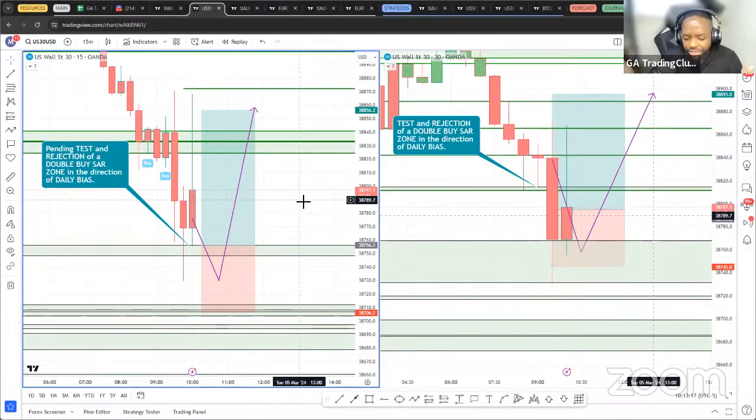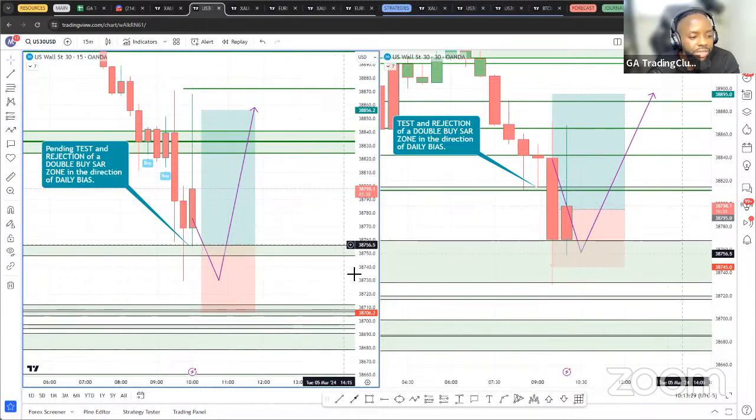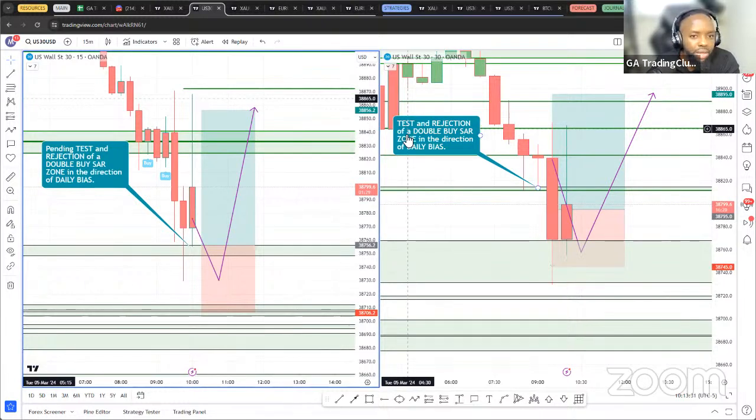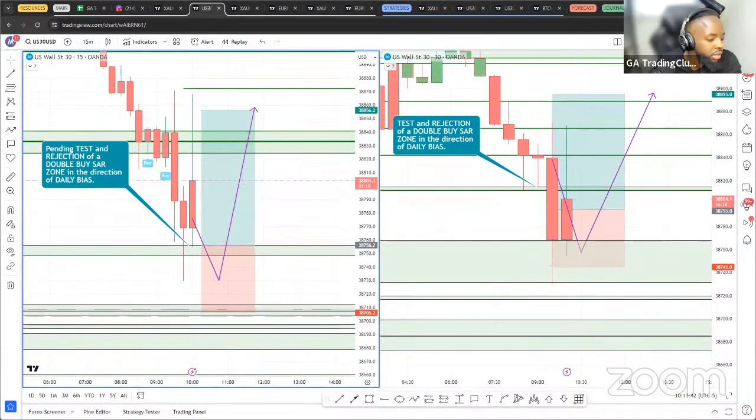And I think GJ has a different pip calculation than EU, if I'm not wrong. So I think it's the same thing. Given US 30 and Nasdaq are not that much different, because even their pip calculation, I believe, is the same, right? Because they have just one digit after the decimal. So it would be the same as US30, really.